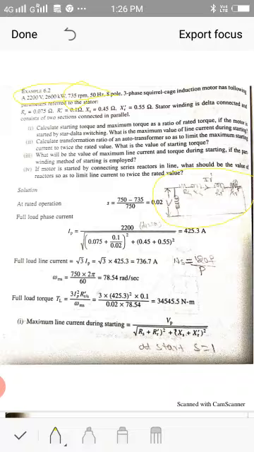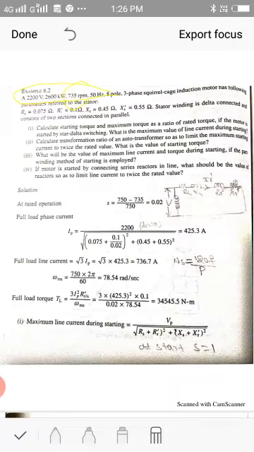Here the motor is connected in delta and this circuit is the per phase circuit. For a delta connected load, Vph will be equal to VL. The value 2200 is the line voltage, but for a delta connected load, line voltage equals phase voltage, so V will be equal to 2200.